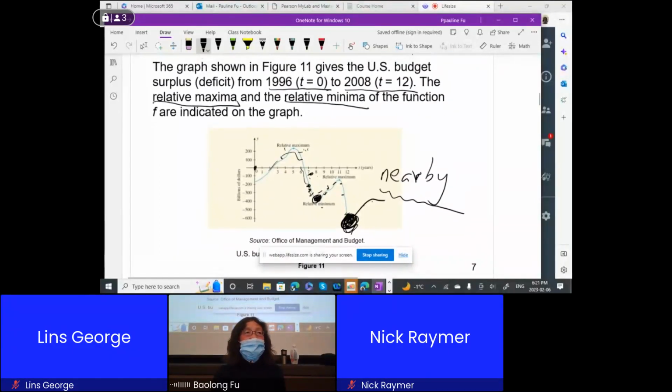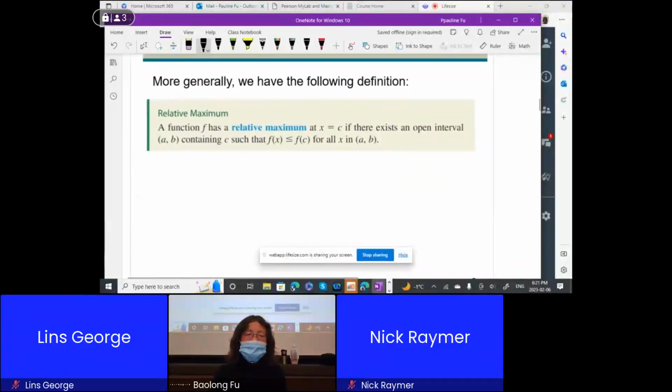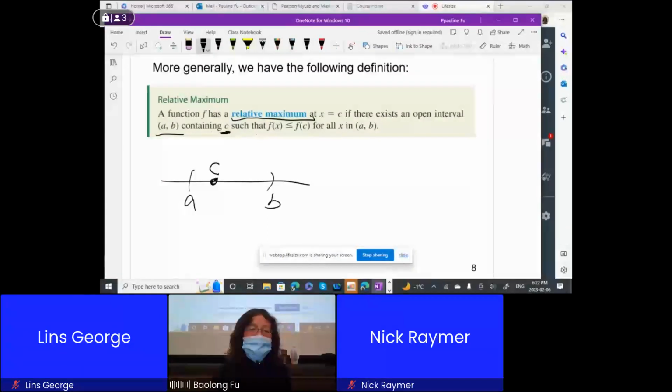So any questions on the relative minimum, relative maximum, absolute minimum, absolute maximum? So this is the definition. What is the relative maximum? If there exists an interval AB and C is inside AB, so this is AB, C is somewhere inside AB, such that f(x) is smaller or equal to f(C) for all x in AB.